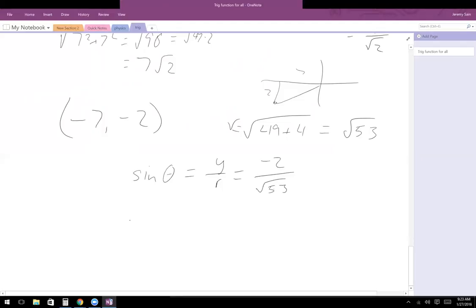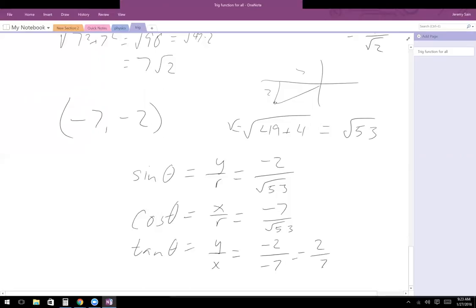I'm going to go ahead and do sine, cosine, tangent, and then we'll flip back to the other screen. So cosine is x over r, which is negative 7 over root 53. And then tangent is y over x, which is negative 2 over negative 7, also known as 2 over 7.